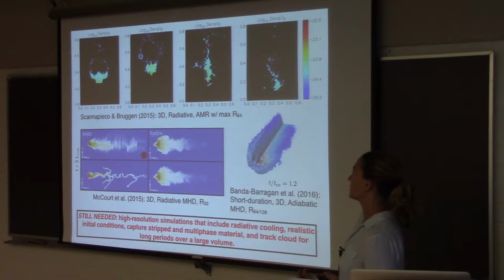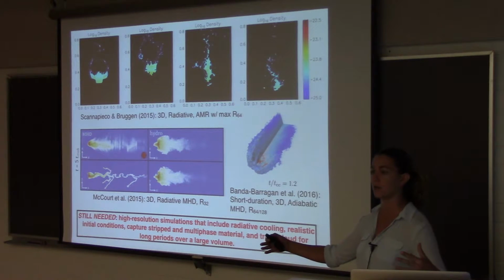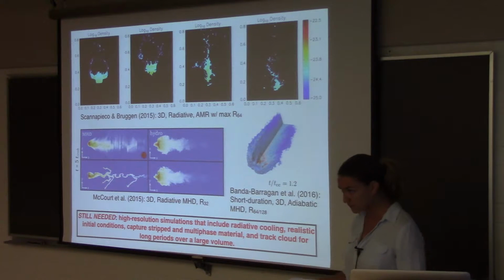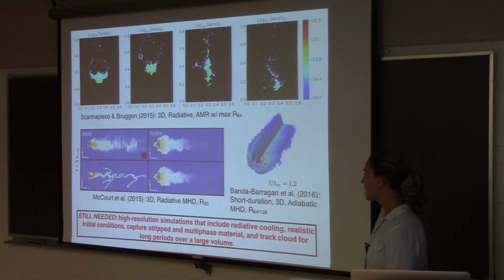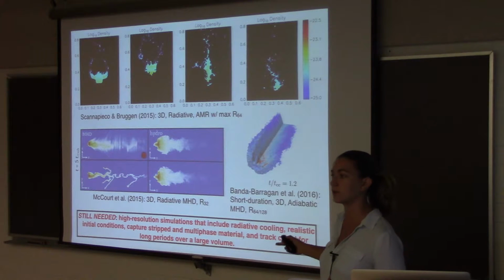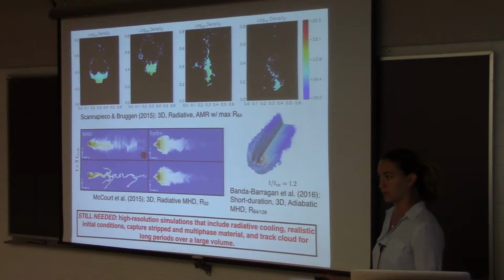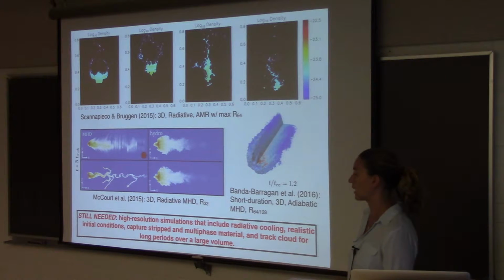All of these studies start with spherical clouds of gas that don't really look like the gas that we see in the ISM or in the winds. You'd like to be able to capture the evolution of that stripped and multi-phase material over a relatively large volume for a substantial amount of time in order to characterize the actual gas in the winds, which none of these studies could do.